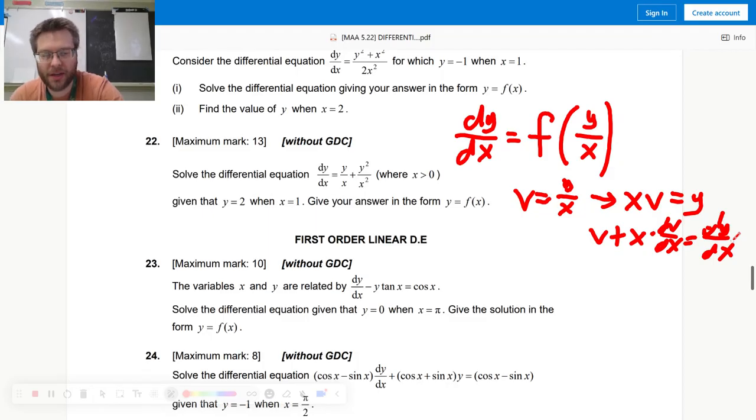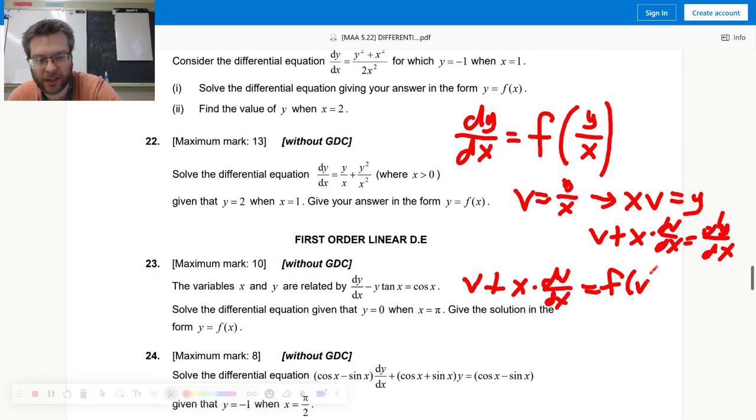And so then we get this general situation, v plus x times dv dx equals f of v. That doesn't really seem like a better situation, but this situation is now separable.